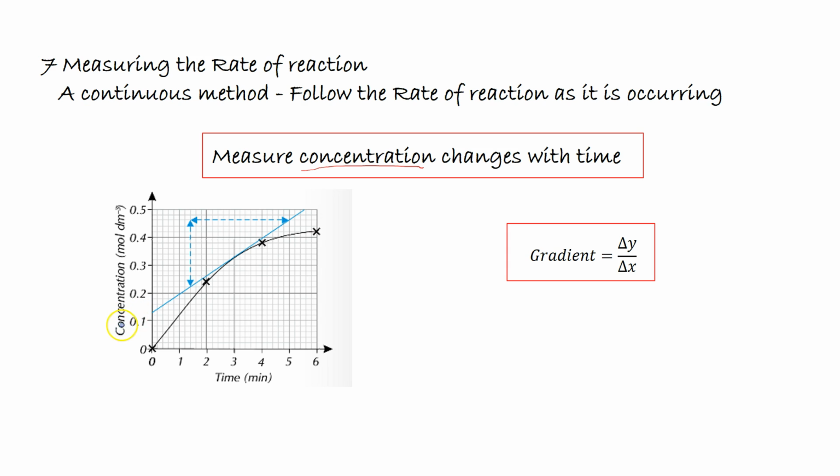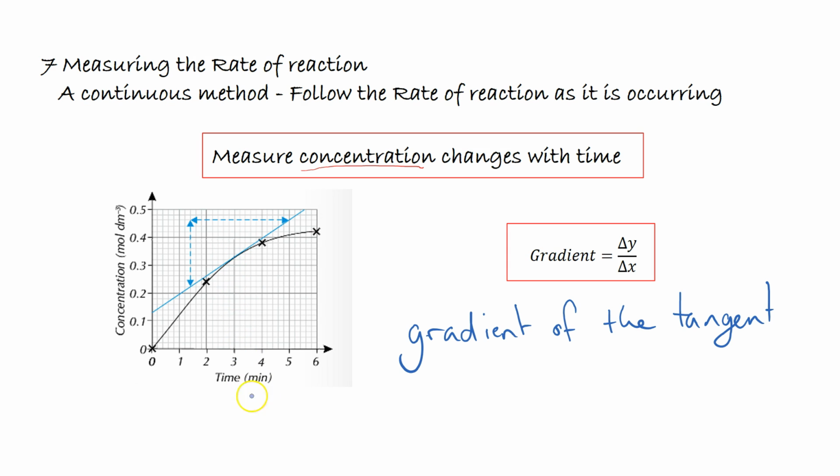Once we've done that, we draw our line, and once again our gradient becomes the rate of reaction, and we can calculate the change in y divided by the change in x for this tangent to work out the gradient.